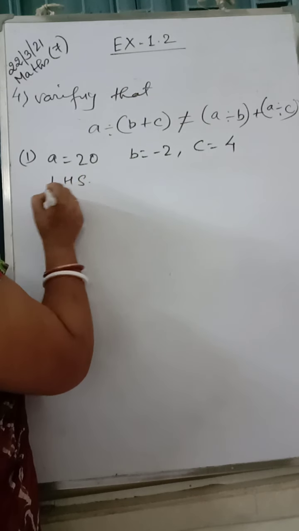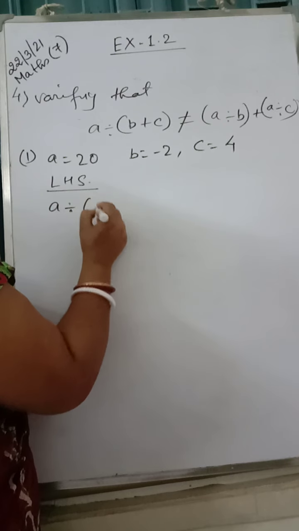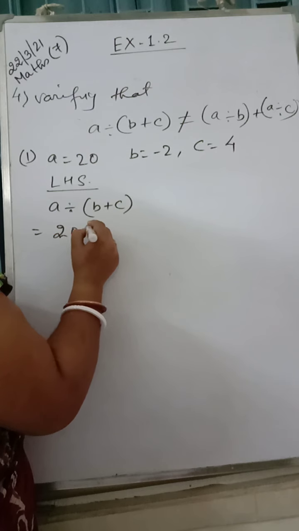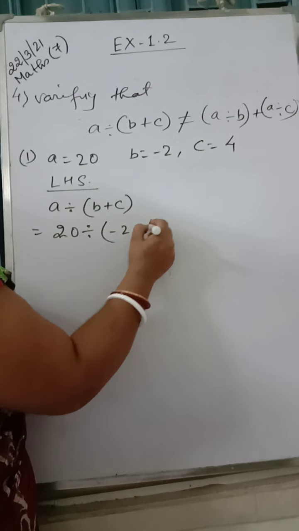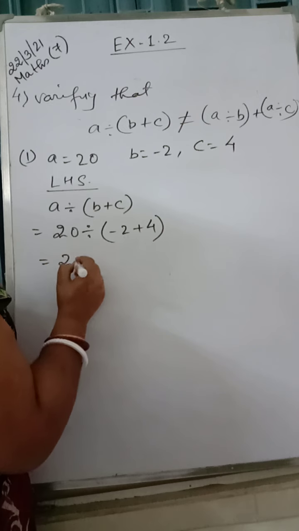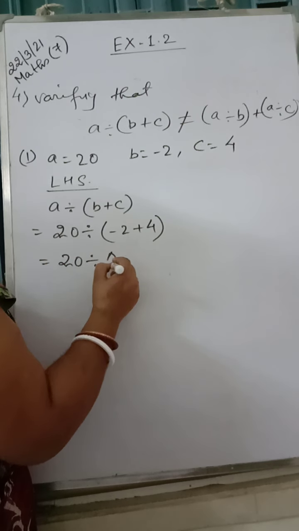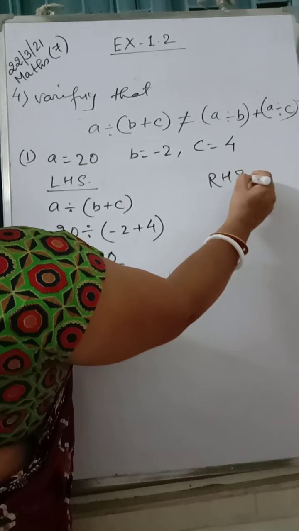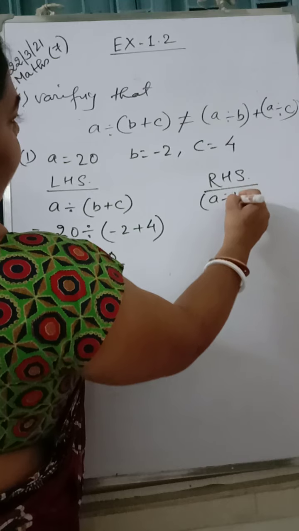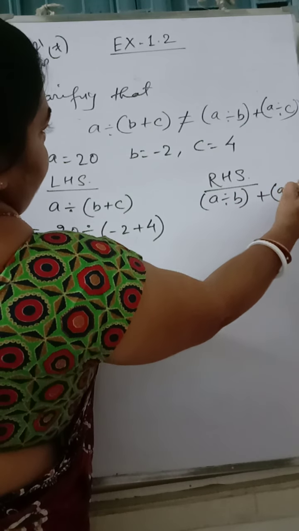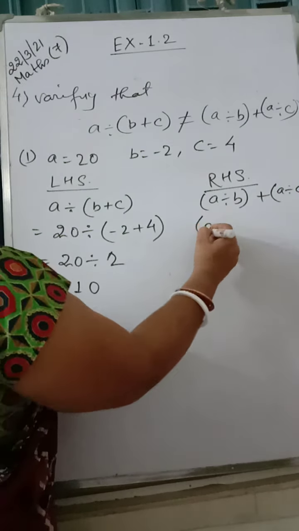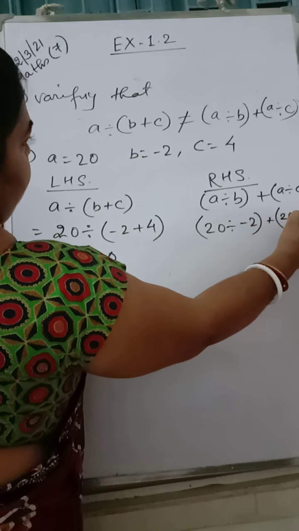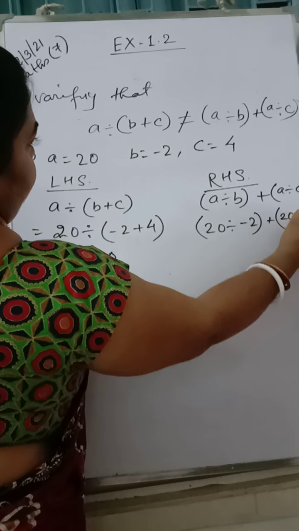LHS was A divided by (B plus C). So the value of A is 20, B is minus 2 and C is 4, so 20 divided by 2, or 10. Come to the RHS now. It was A divided by B plus A divided by C. Now 20 divided by minus 2 plus 20 divided by 4.